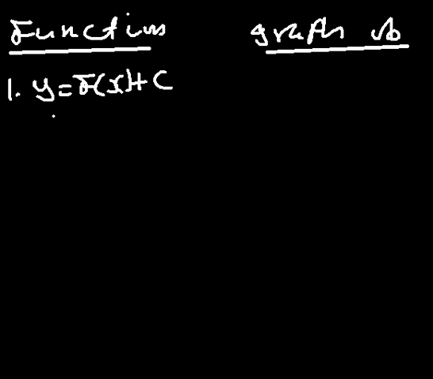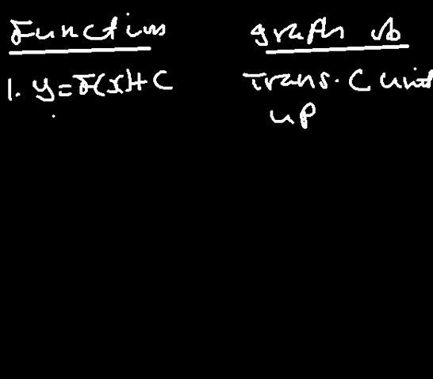So if c is given as 2, we translate the graph 2 steps vertically upwards. That's what it means: translate c units upwards.